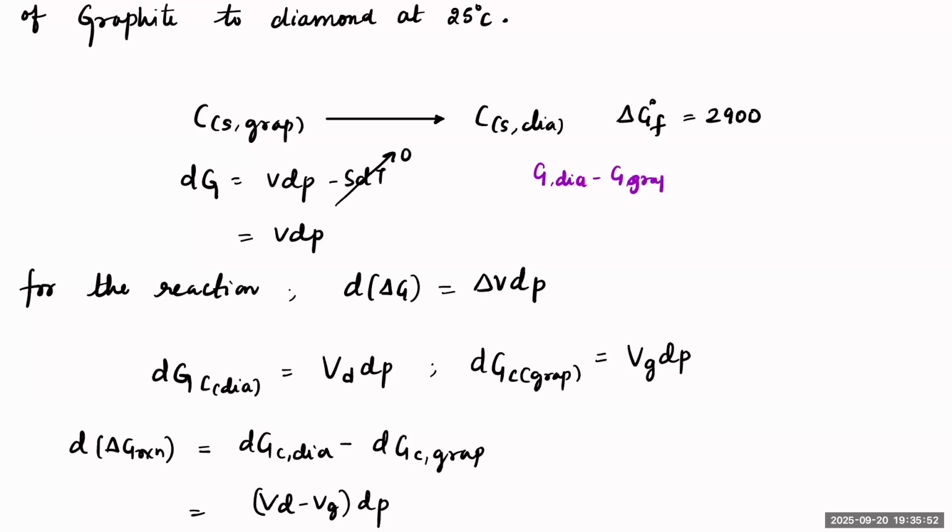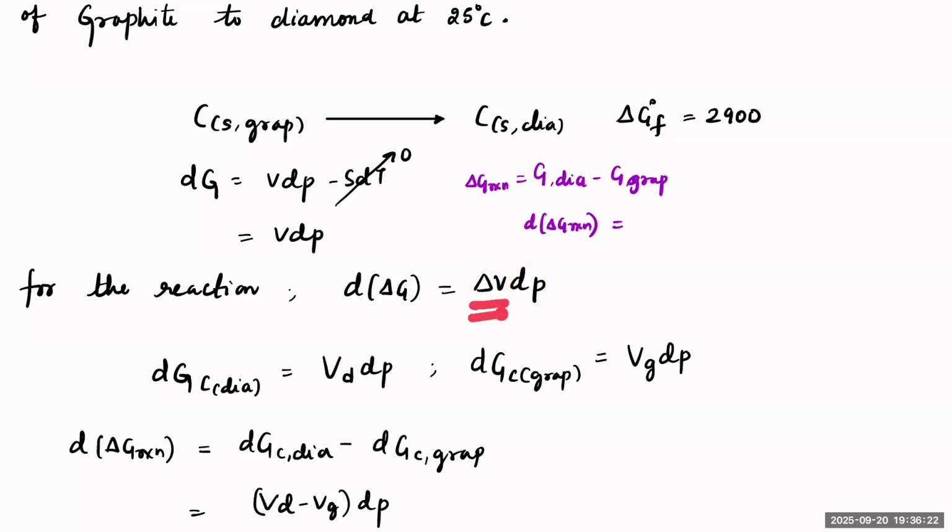What we are trying to predict is how it changes with respect to pressure, because when the pressure is changed, this delta G value will change. And d of delta G will be equal to delta V times dP.